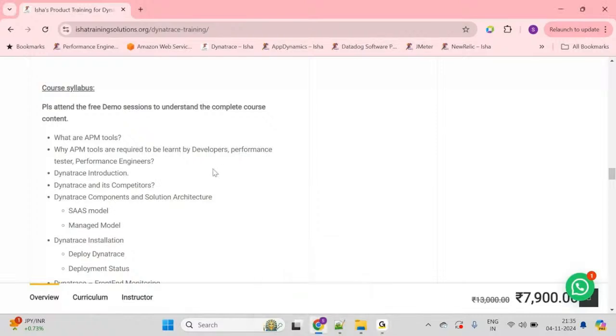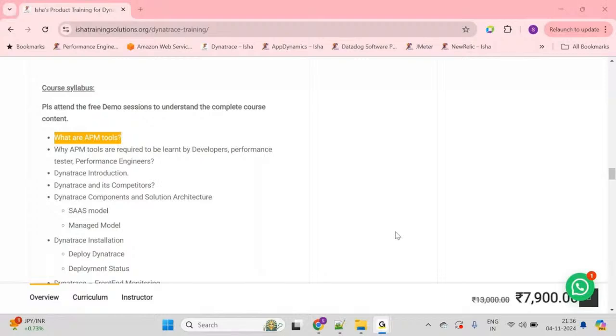So, what are APM tools? I don't know how many of you are searching for jobs, or how many of you have observed job descriptions related to performance testing or performance engineering.